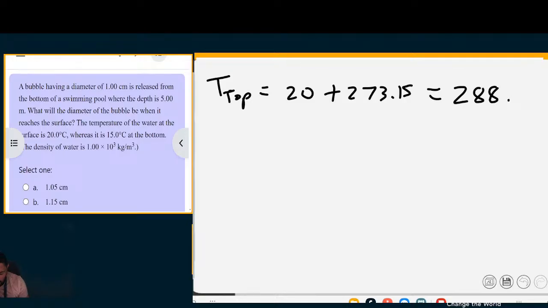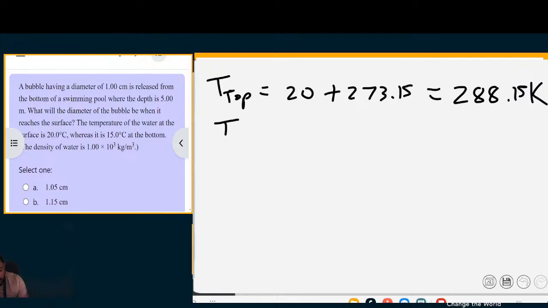Now the temperature at the top of the pool is equal to 20 degrees plus 273.15 Kelvin, to get it in Kelvin. That is 293.15 Kelvin.